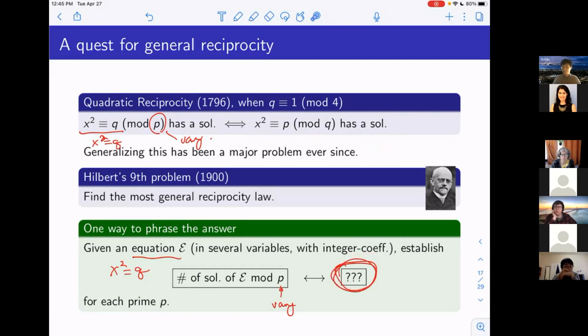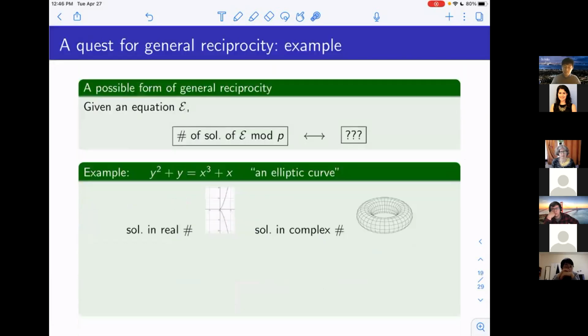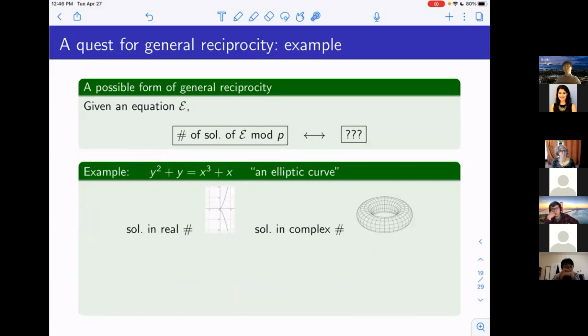And actually people wondered what this could be. So I just copied the equation, and copied the form of the problem. And it's instructive to consider the following more complicated example, a two-variable equation now, but still simple enough: y squared plus y is x cubed plus x.